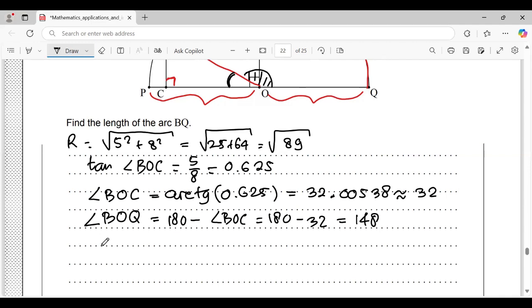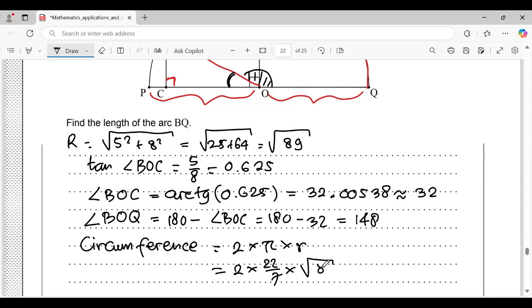After that, I would like to calculate the circumference of this full circle, 2 pi r. That is 2 times 22 over 7 times the square root of 89, and the result is 59.2993.